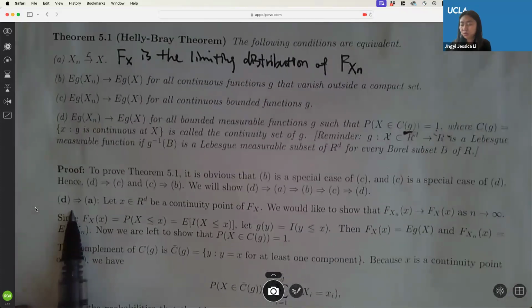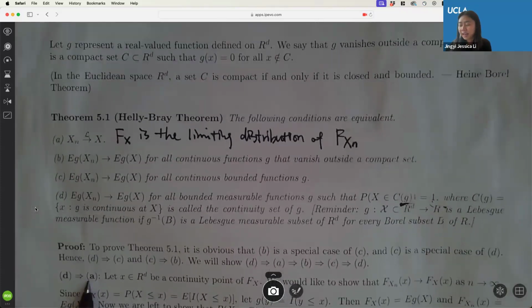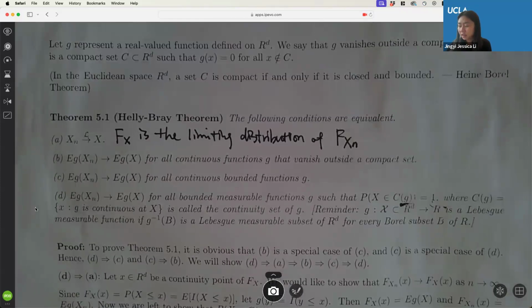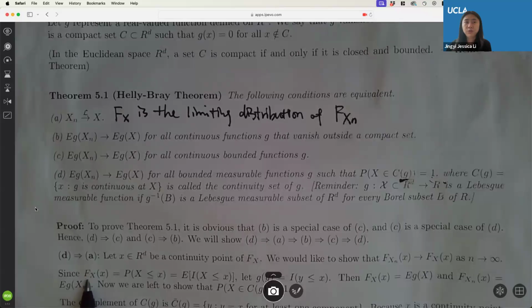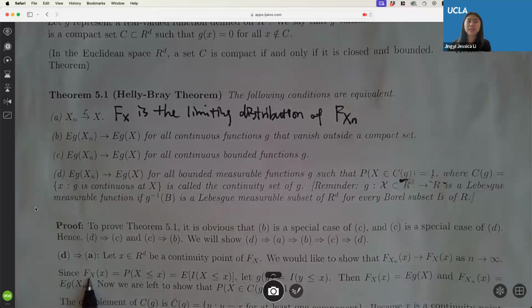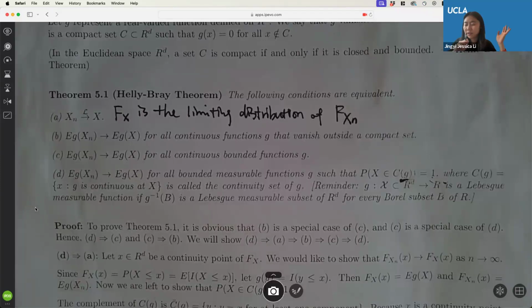You go from D to prove A, because for A you just need to show that the function is the CDF, and the CDF is a special case of G.